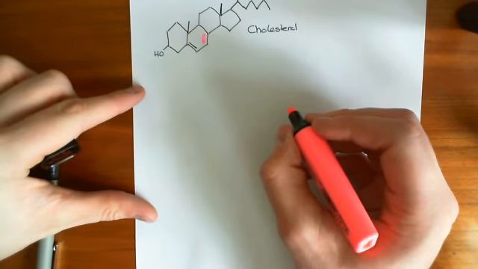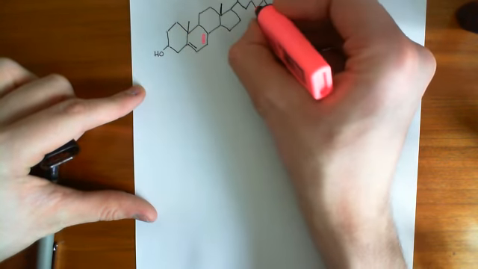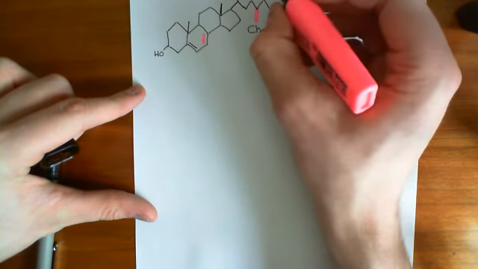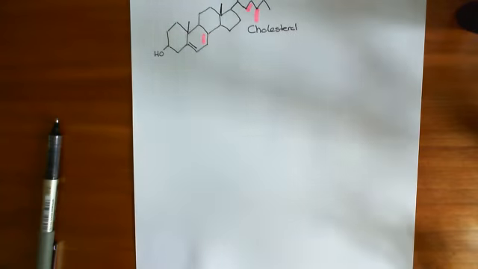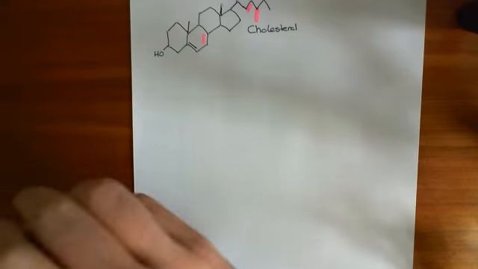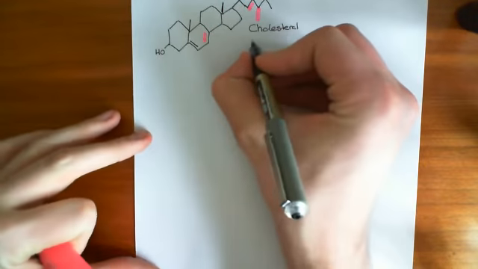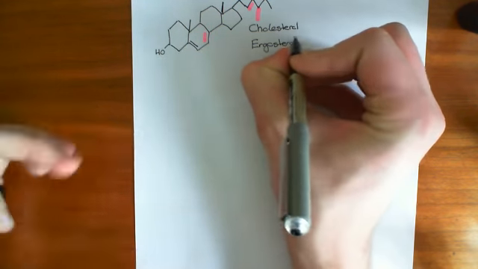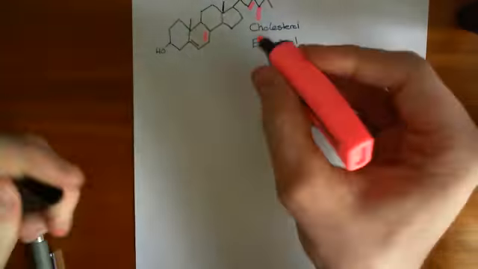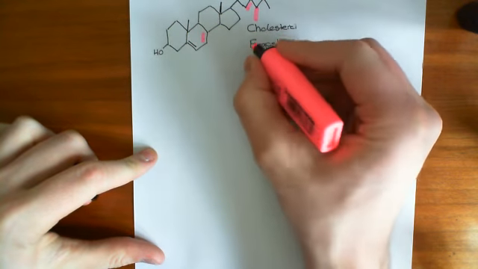Secondly, you put another methyl group off down here, and finally you put another double bond there. Okay, and that turns you into ergosterol, basically. So in the pink we have ergosterol. Okay, so ergosterol is basically just a modified form of cholesterol.